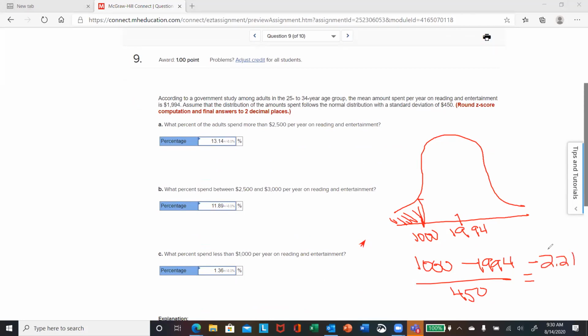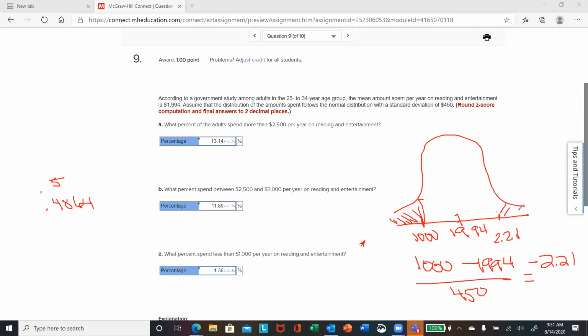So if I look up 2.21 in my z table, that's going to be right at 0.4864. And you'll have to subtract that from 0.5 because remember, when you go from 0 up to a positive 2.21, that gives you the area from 0 to that point.